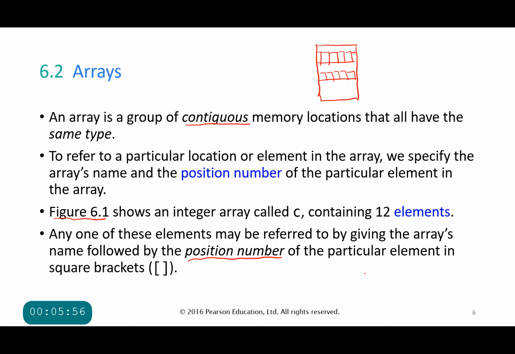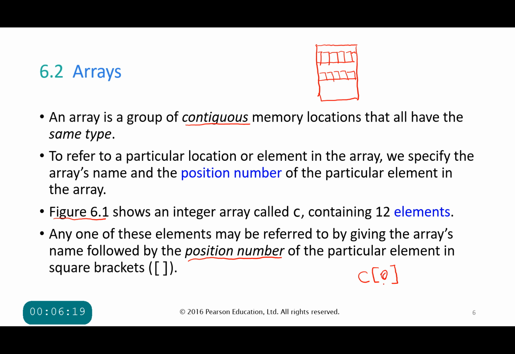So the name of the array is C, and then the square brackets basically mean that you're talking about an array, and then within the square brackets, you can specify a number to refer to any given particular element of an array.